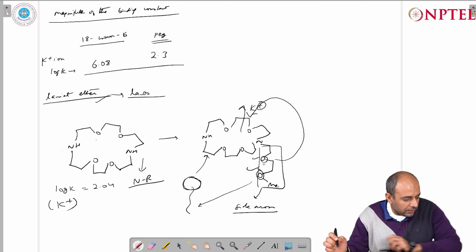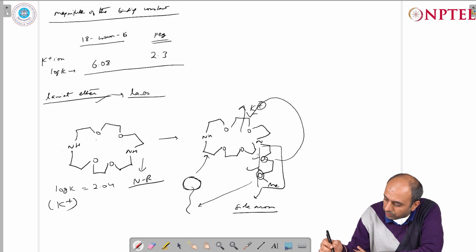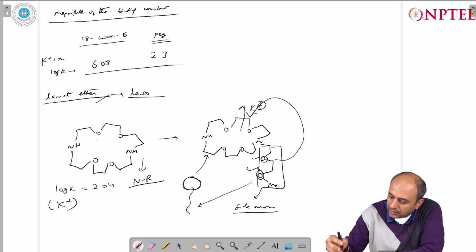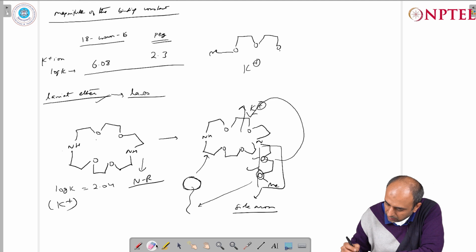So there is a change in conformation of this system, such that the potassium ion is now stabilized.